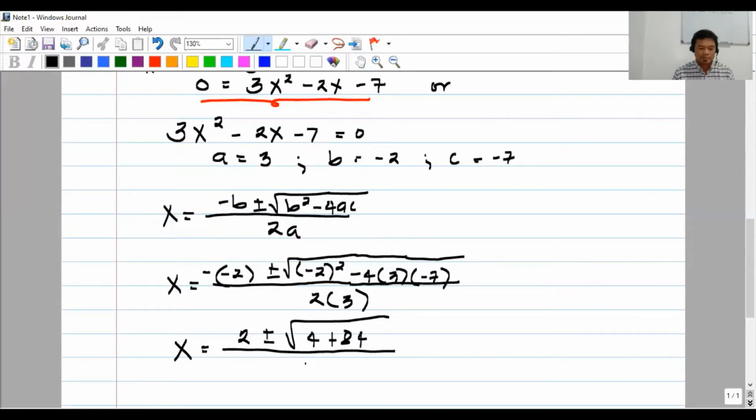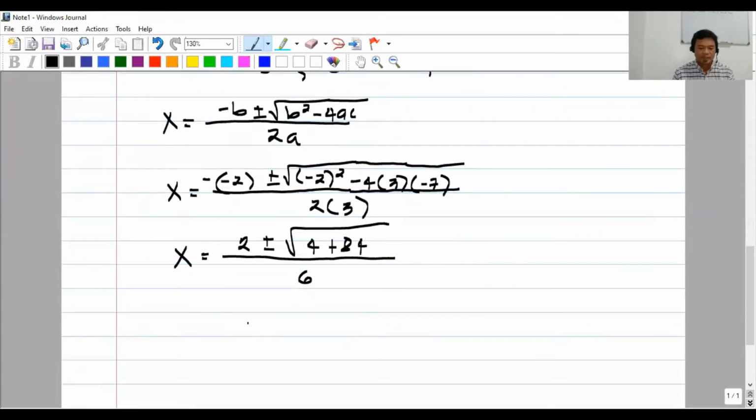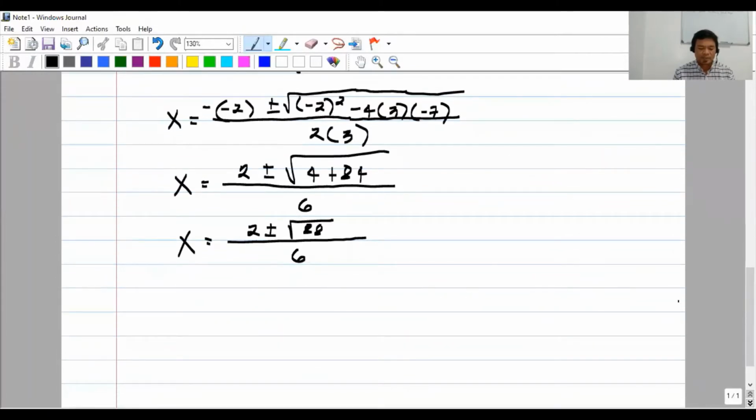And 2 times 3 is equal to 6. So we have 2 plus minus the square root of 88 over 6.